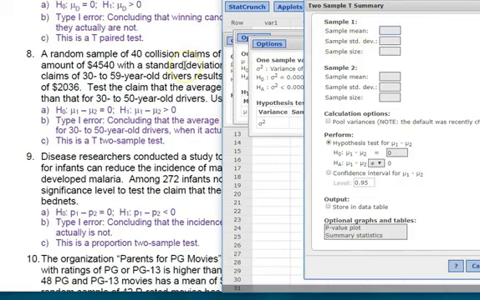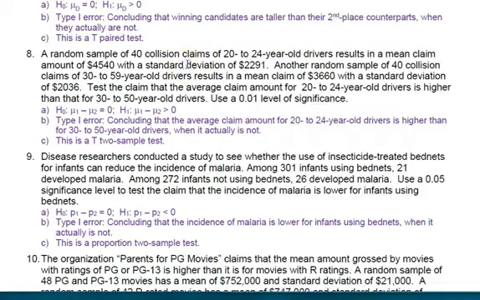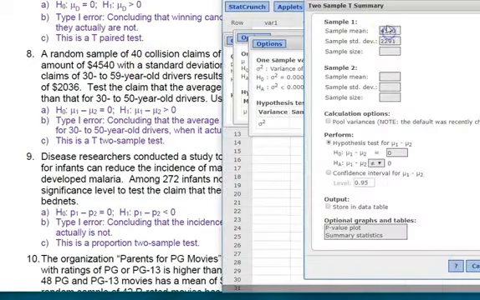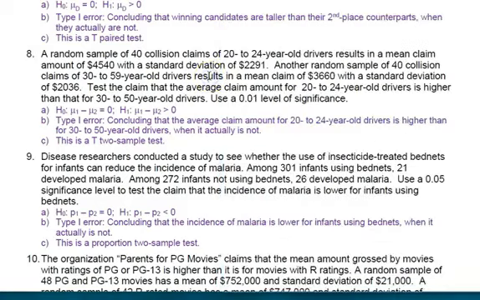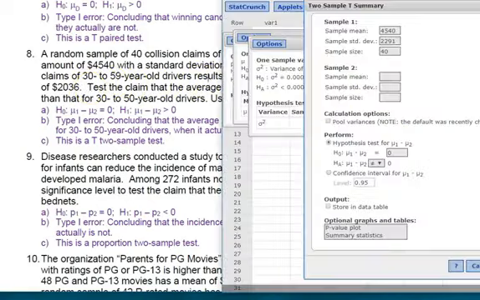And we want to put this in the same order that we had it in the problem. The first set was for the 20 to 24-year-old drivers. So we're putting in the mean and the standard deviation, and the sample size is 40. And then for the second set, for the 30 to 59-year-old drivers, we have a mean, a standard deviation, and a sample size.